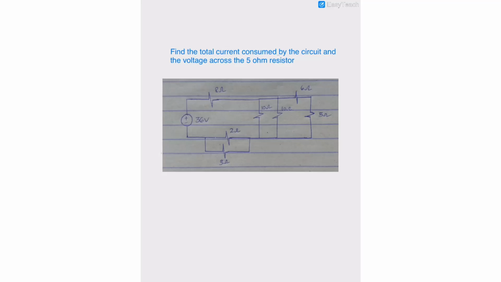So first of all, we need to simplify. If we look at the 6 ohm and the 5 ohm resistors, they are connected in series to one another. Therefore, we can add these two resistances to have a single valued resistor, which is 11 ohms.